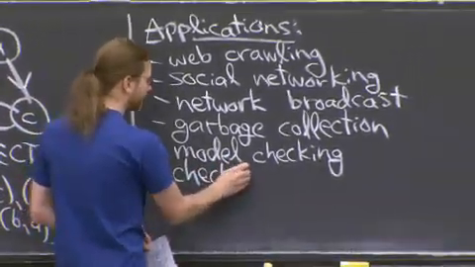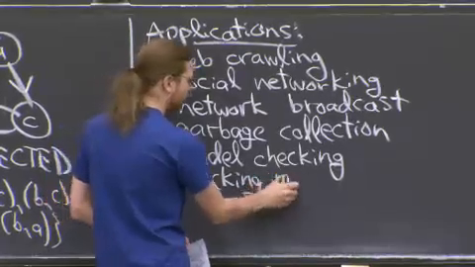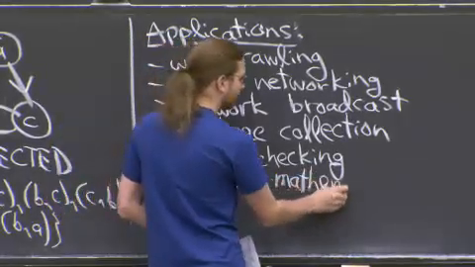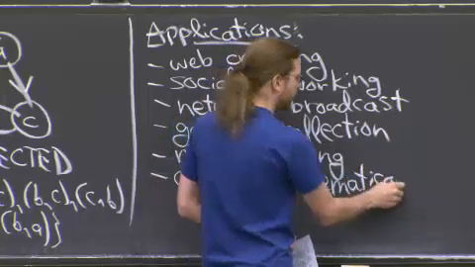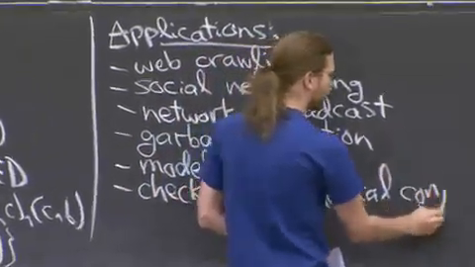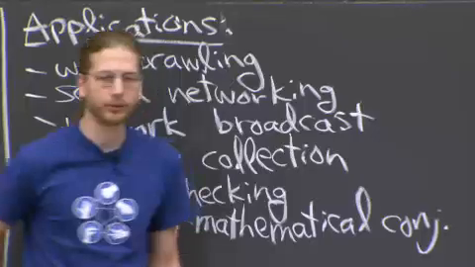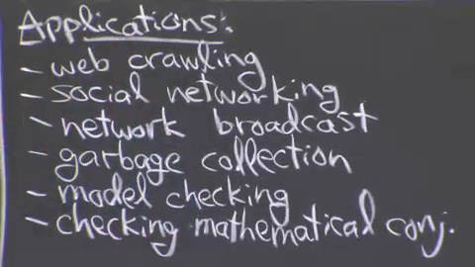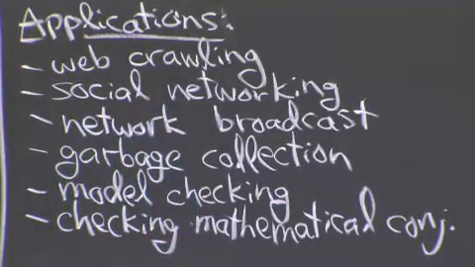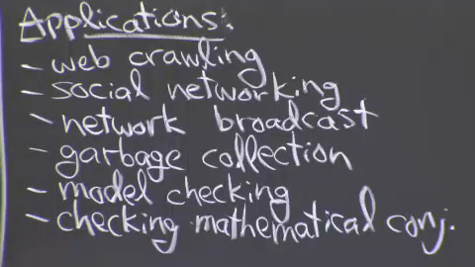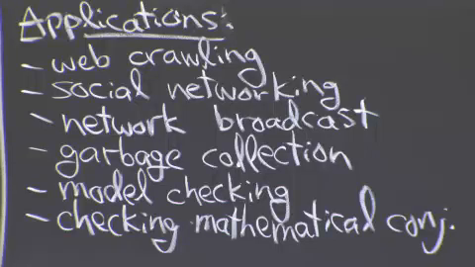I use breadth first search a lot myself to check mathematical conjectures. So if you're a mathematician and you think something is true, you can imagine some graph of all the possible inputs to that theorem, and you need to check them for every possible input.